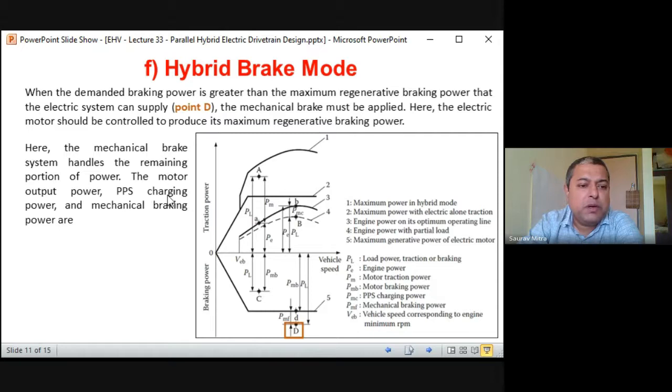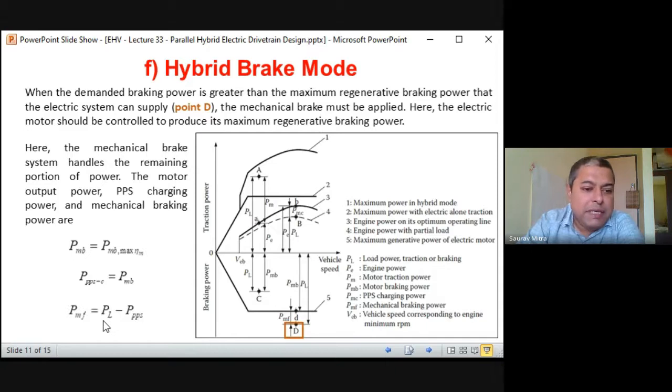Whenever there is electrical braking, PMB, at that time there will be PPS charging. It will always be there. So in this case, PMB is equal to PMB max times eta M, and PPPSC is equal to PMB. Whatever is the electrical brake power will go and charge the PPS.